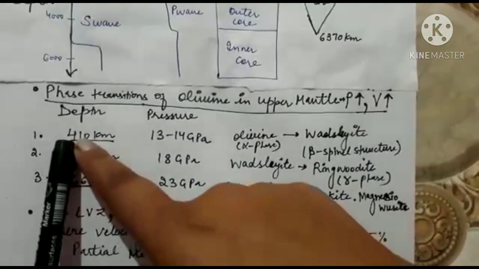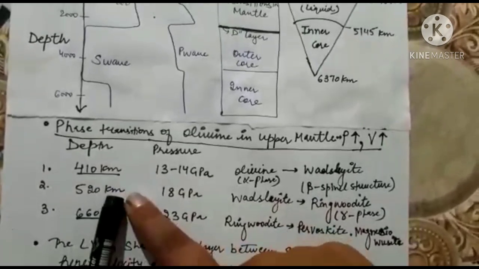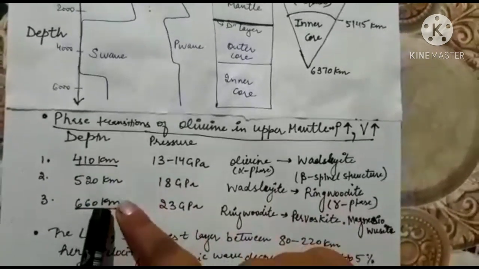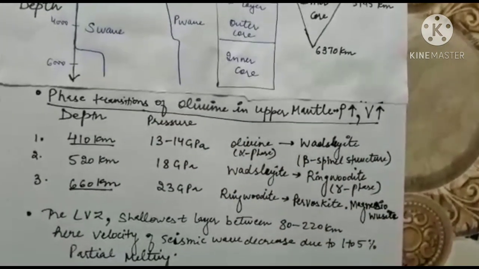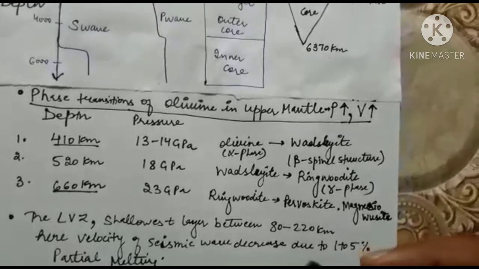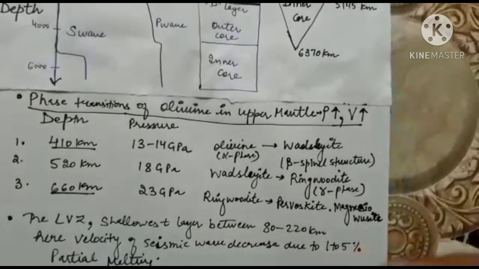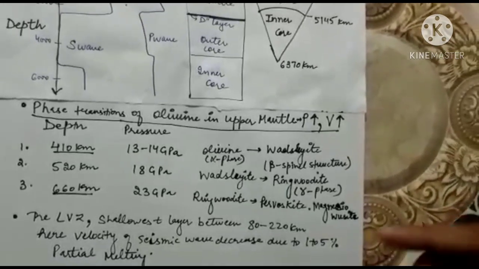As you can see, at 410 kilometer depth, at 520 kilometer depth and at 660 kilometer depth, the phases are changing. At one time there will be the alpha phase, with increasing depth there will be a beta phase, and another one will be a gamma phase.